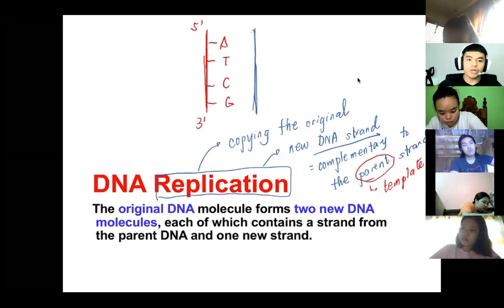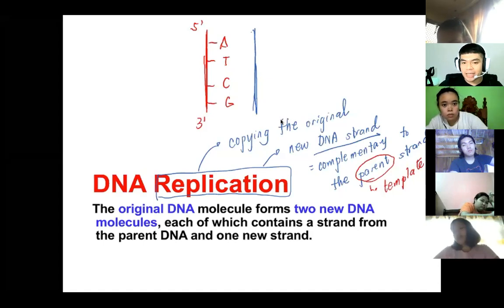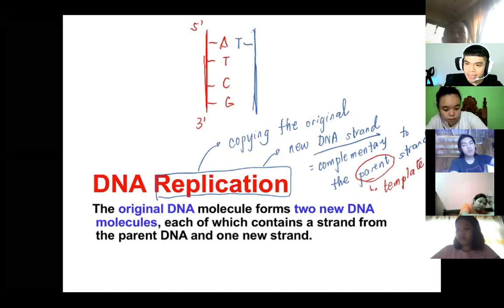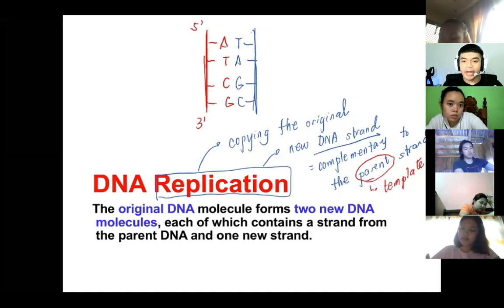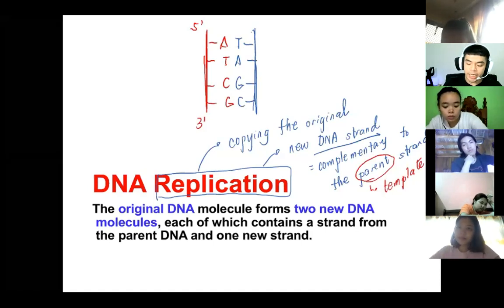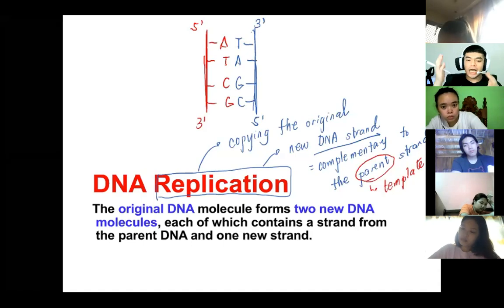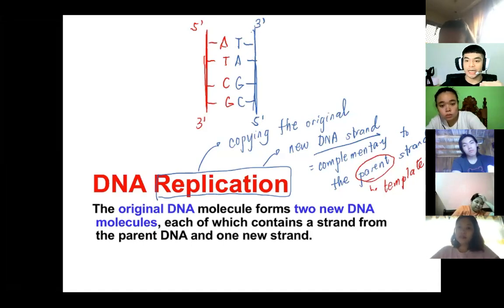Since you have learned the complementarity rule, we can expect the product. So that would become T, then A, then G, then C. And finally, the daughter strand or the product strand is anti-parallel based on Watson and Crick. So it becomes 3' to 5' from top to bottom. So that is what we mean by the DNA replication process.